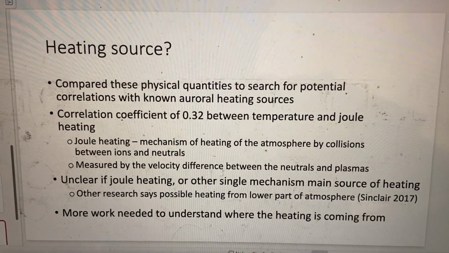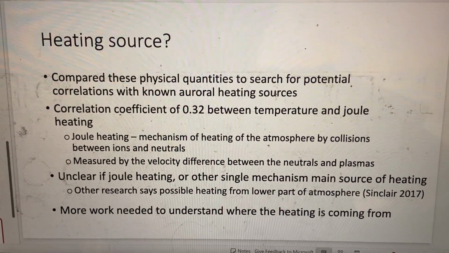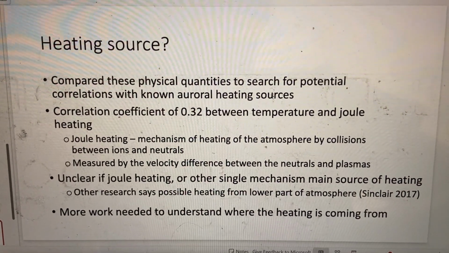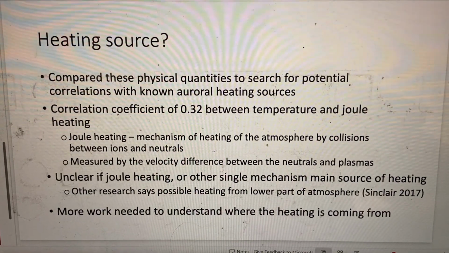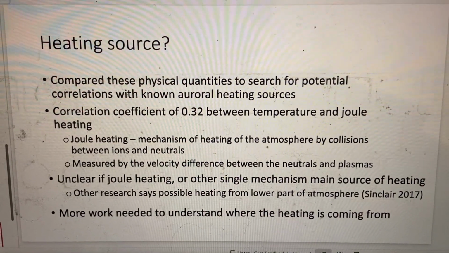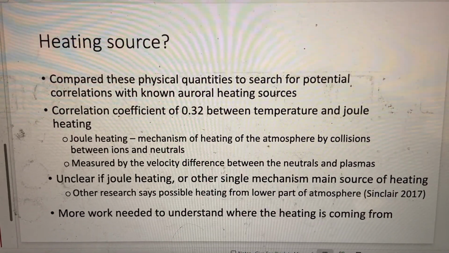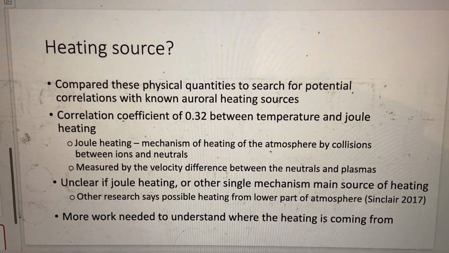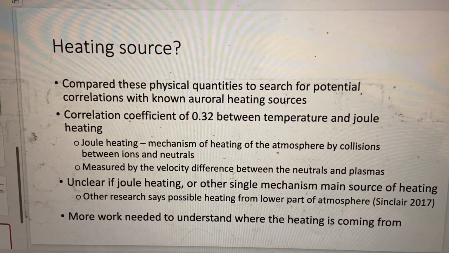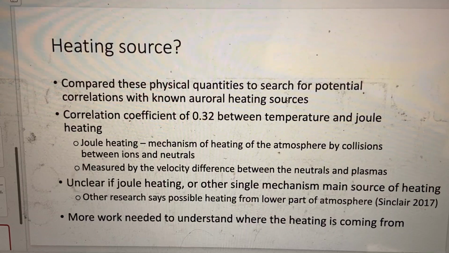And the way you measure it is by measuring the velocity difference between the neutrals and the plasma. They only got a value of 0.32, so it's unclear if joule heating is the single dominant heating source of the aurora. So more work is needed to understand.